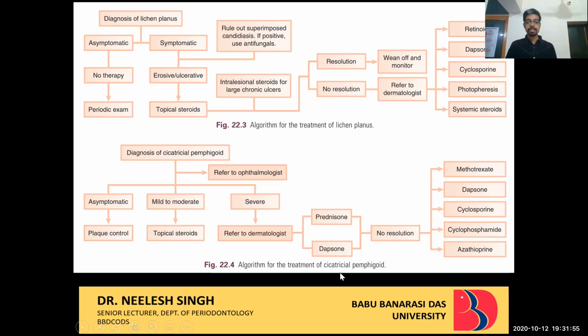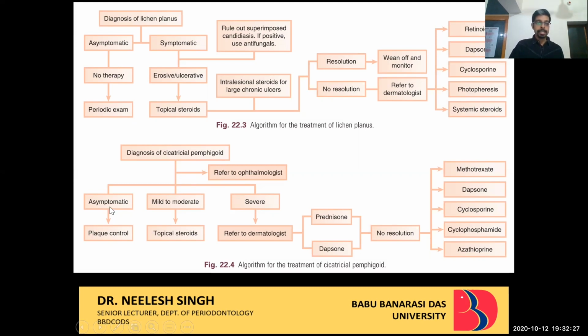Now, coming on to the cicatricial pemphigoid, first we'll get the diagnosis of cicatricial pemphigoid, and we all know, or we should know, that cicatricial pemphigoid also involves the eye. There are certain lesions which affect the eyeball. So we have to refer to the ophthalmologist if they are present, and if they are not present, then also we should refer to the ophthalmologist to rule out any kind of progression.